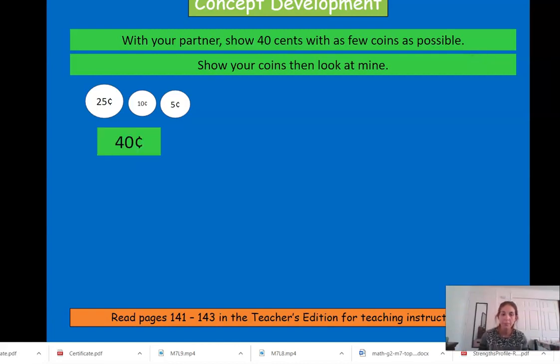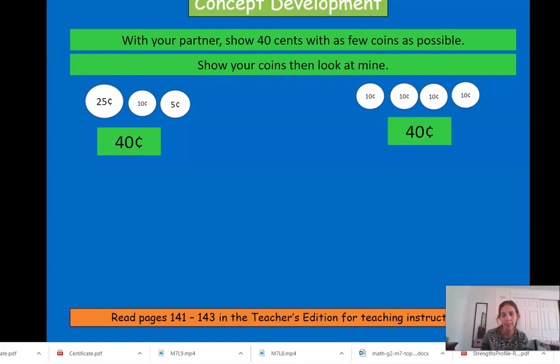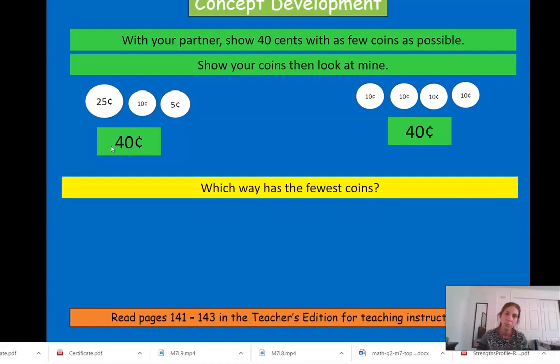Okay? This is the fewest amount of coins you can use to show 40 cents. This is a different option, but it's not the fewest amount of coins. 10, 20, 30, 40. If you notice, this way only has 3 coins, and this one has 4 coins.